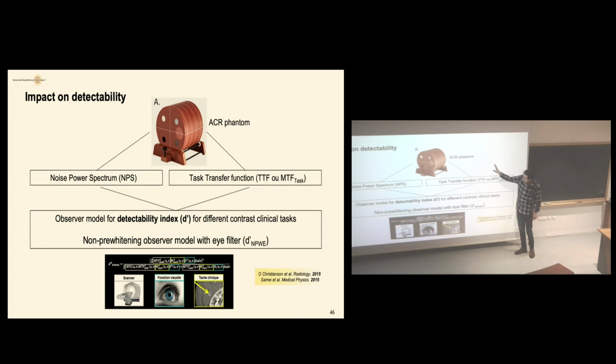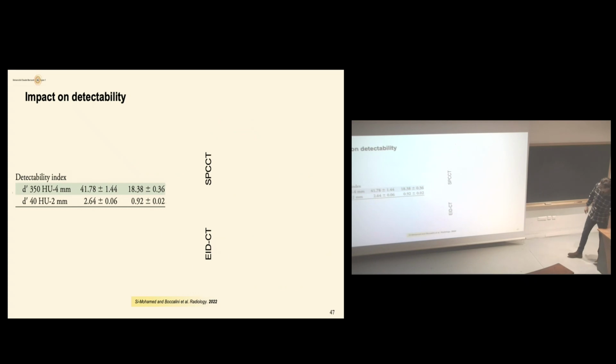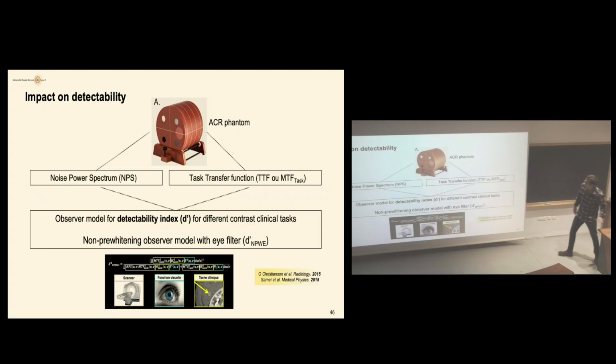So we saw earlier the noise power spectrum and the TTF evaluation, and now you take all these parameters and you use these formulas that I cannot explain, of course, but at the end it is interesting because it shows you the detectability index. So the detectability index is a calculation from this task-based model observer.